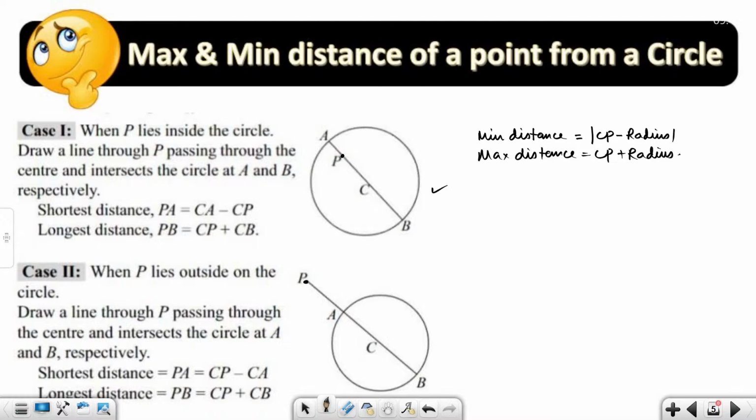Irrespective of the position of point P, the minimum distance of the point from the circle is always CP minus radius. Now, what is C? C is the center of the circle and P is the given point. So, minimum distance is modulus of CP minus radius and maximum distance is CP plus radius, irrespective of the position of the point P. And this proof I have already done.